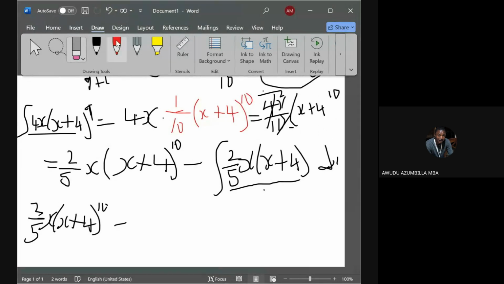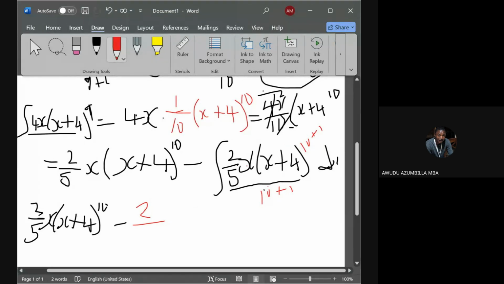So here is 10 plus 1, and here is 10 plus 1. So the final answer is going to give you 2 over, here you are multiplying 11 by the whole of this function, so it's going to affect the 5 here. 11 by 5 is going to give you 55.